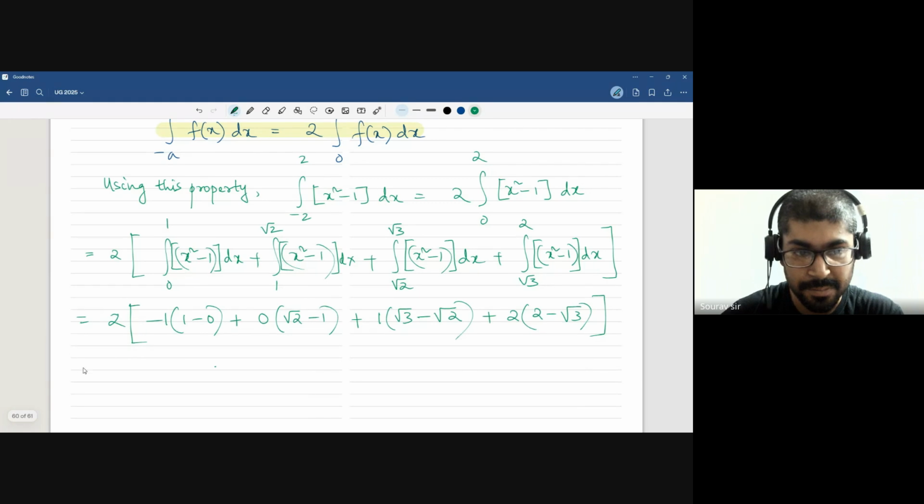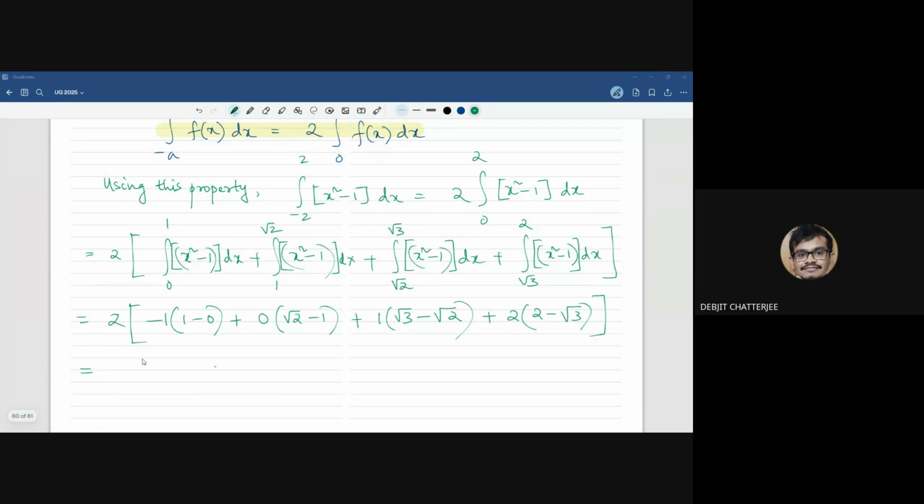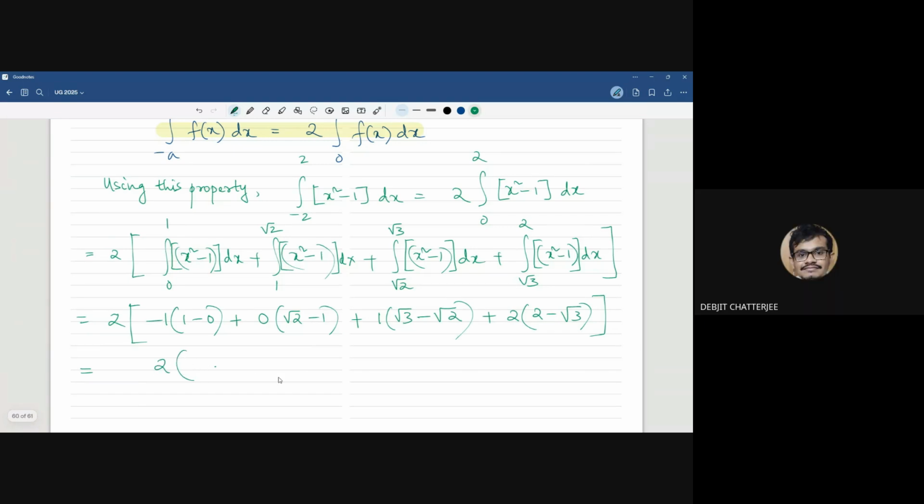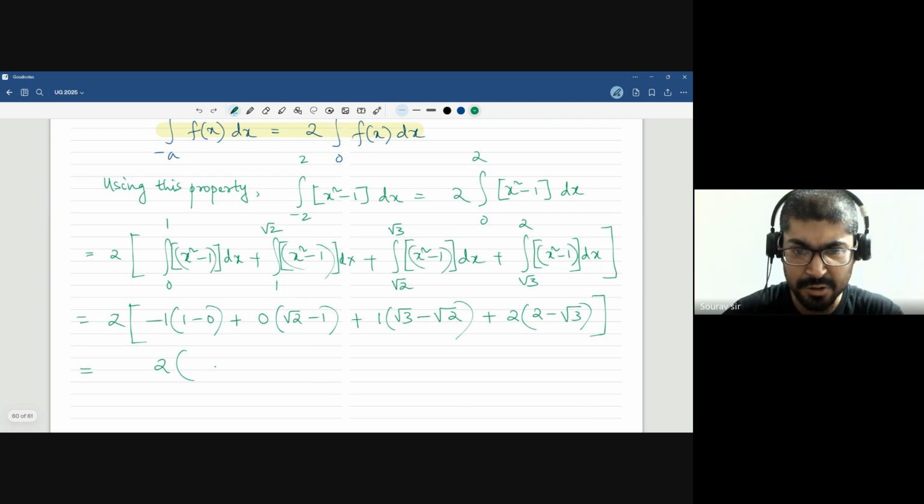So now simplify. So it is coming 6 minus 2 root 3 minus 2 root 2. Do not multiply. Keep it in brackets. Keep 2 outside. 2 multiplied by 3 minus root 3 minus root 2. That is correct.